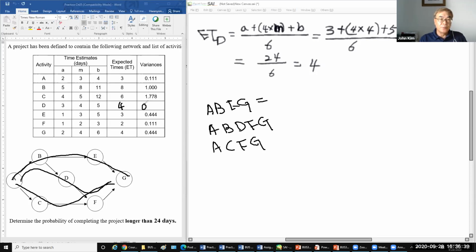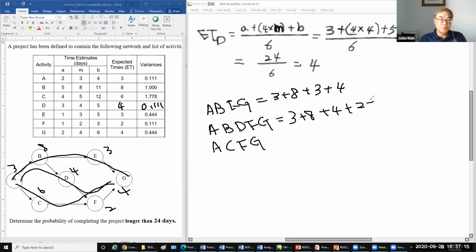Adding up A, B, E, G: 3 plus 8 plus 4 and so on. And this one, 3 plus 8 plus 4 plus 2 plus 4, equals 21. Another path equals 3 plus 6 plus 2 plus 4, equals 18.